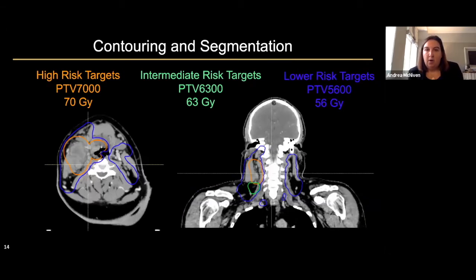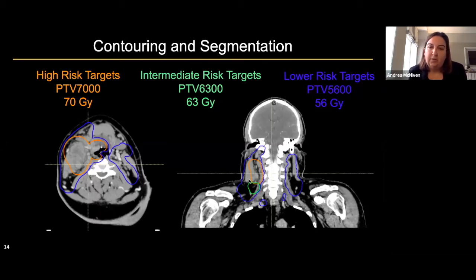To give you a slightly more 3D context of what these targets are, we typically have a head and neck plan with multiple dose levels as well. So I mentioned that 70 gray, but we have lower dose levels as well. And this just also shows the extent of the disease that we want to treat. So in orange, we have high risk target volumes, which receive the full prescription.